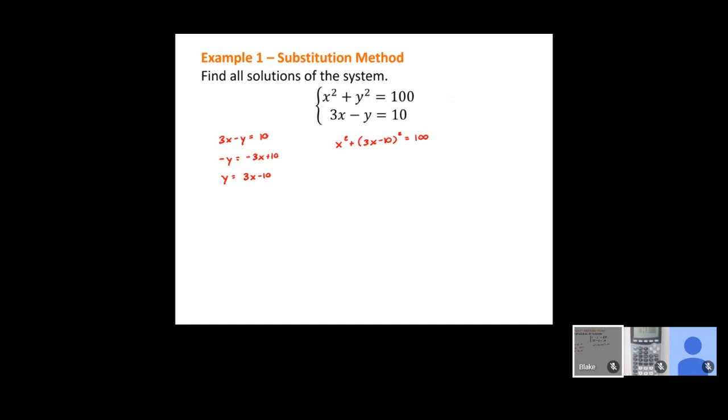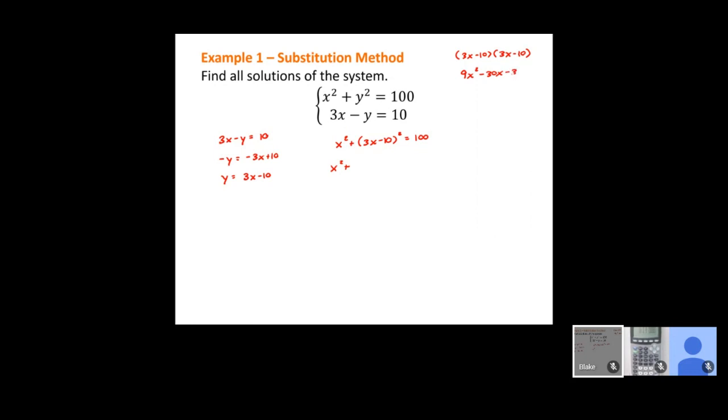Now, what's 3x minus 10 squared going to give us? Okay, so be careful here, right? We have to use FOIL to actually multiply this out. So we're going to have 3x times 3x is going to give us 9x squared. The outer terms are going to give us a negative 30x.